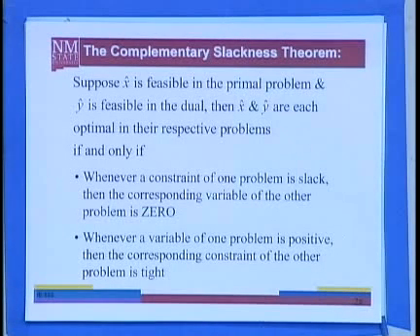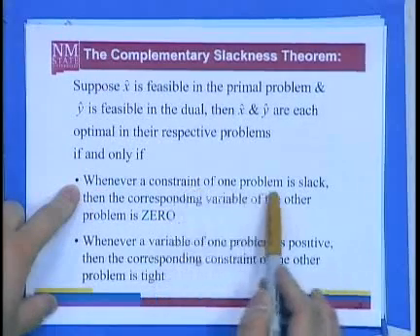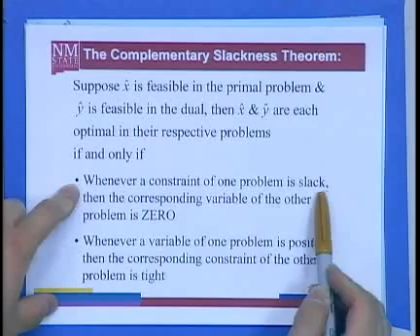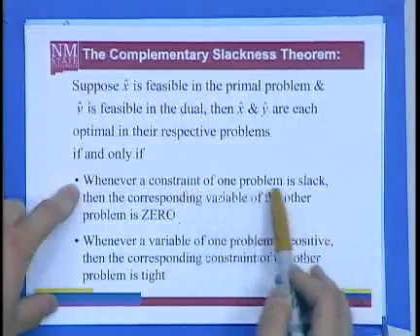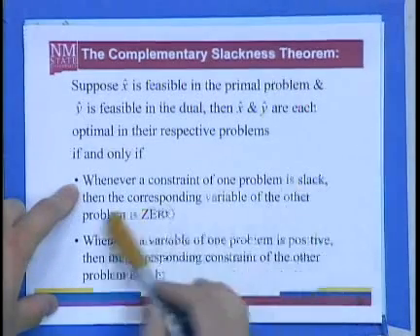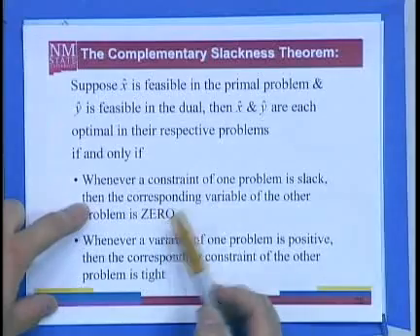And by the complementary slackness theorem, it does say whenever a constraint of one problem is slack, which means it is not a tight constraint, then the corresponding variable of the other problem is 0.